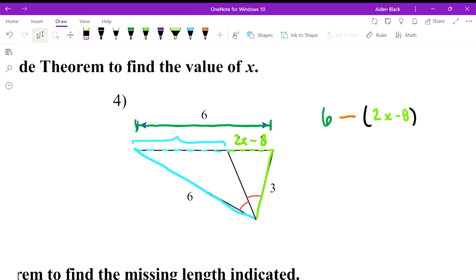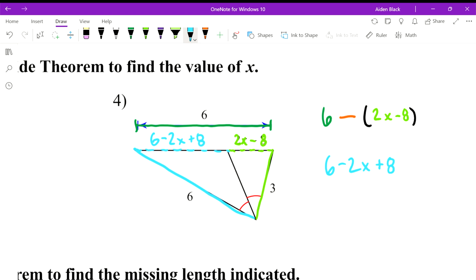In doing so, you'll notice that this negative must be distributed to the 2x as well as to the negative 8. When you subtract a negative, you get a positive. So the value here, we'll make this blue, is 6 minus 2x plus 8.